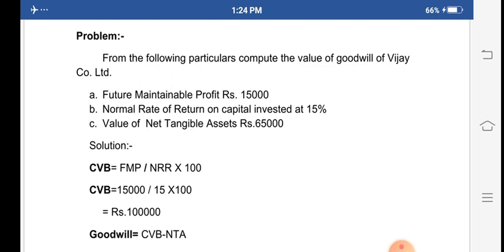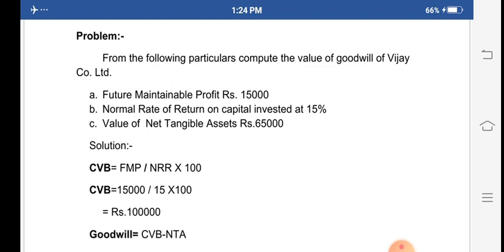Here no capital employed is given, meaning no paid up capital or reserve and surplus, so we have to use the net assets approach. If share capital, reserve or surplus is given, then it is related to the capital employed approach.